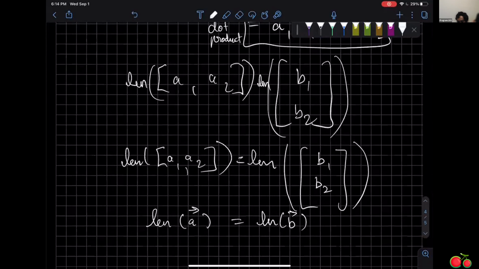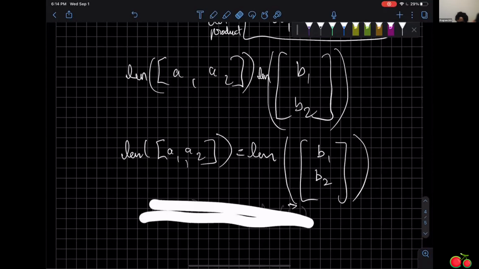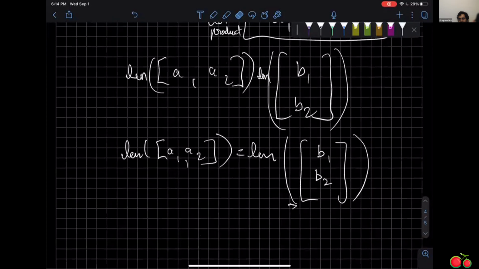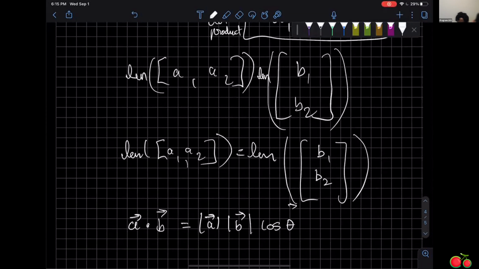Okay, there's another alternate definition of the dot product. It's an equivalent definition. This is one definition. The other definition of a dot product, if you have two vectors, a dot b, is this: the magnitude of A times the magnitude of B times the cosine of theta.